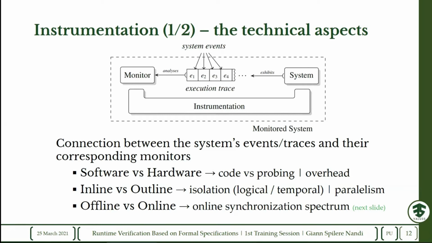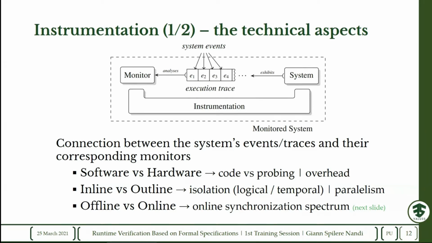You can also classify monitors in terms of being inline or outline. Inline monitors are the monitors that are placed inside of the application code, and outline monitors are basically monitors that execute independently of the monitored application.